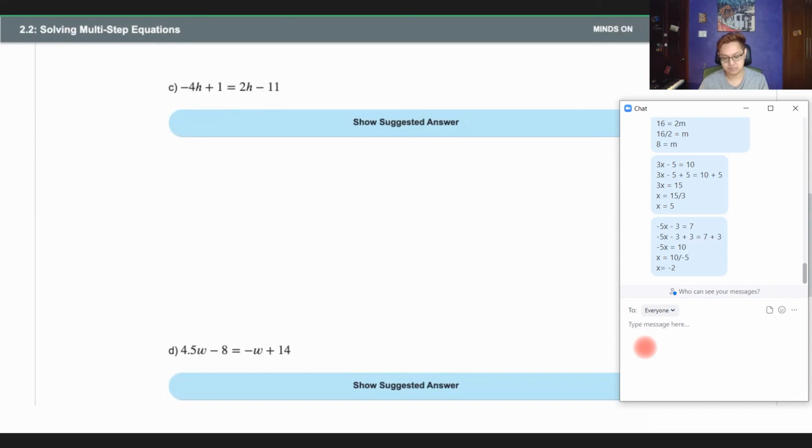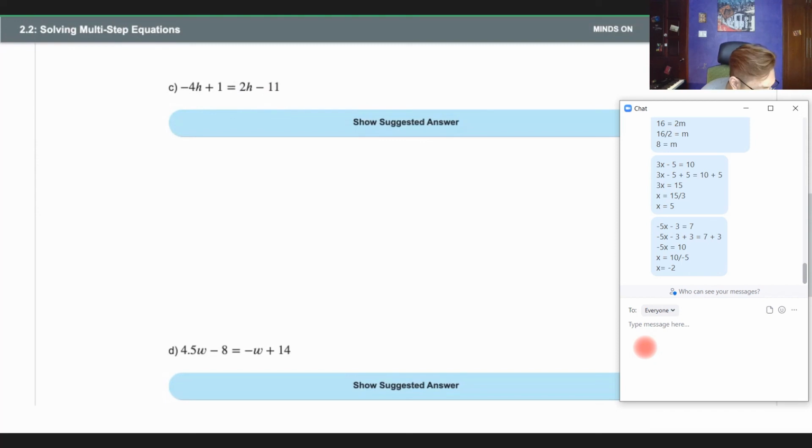And then the 11, you bring it to the other side, so it becomes addition, so 11 plus 1 is equal to 12.